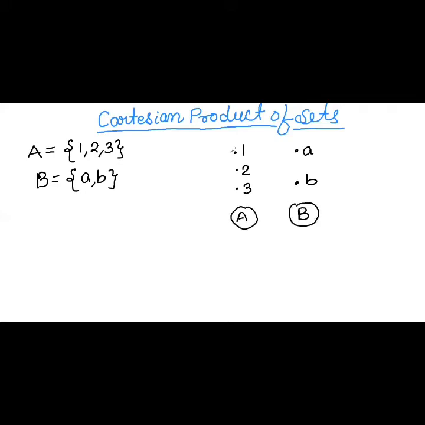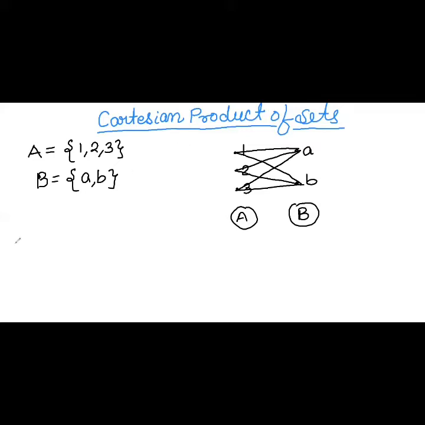Means I'm going to connect 1 with a and then 1 with b. Again, we will connect 2 with a and 2 with b. Then 3 with a and 3 with b. So each element of A is connected to each element of B, and by writing these elements in ordered pairs, that will be the Cartesian product of sets.